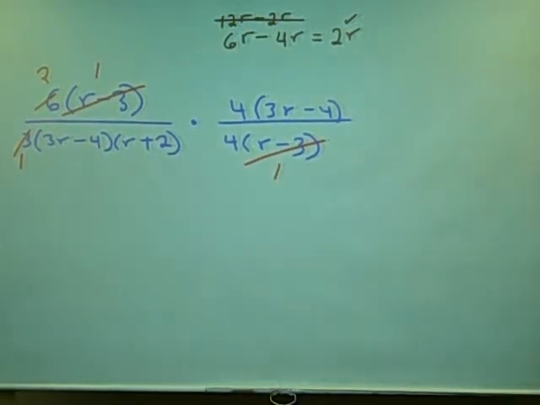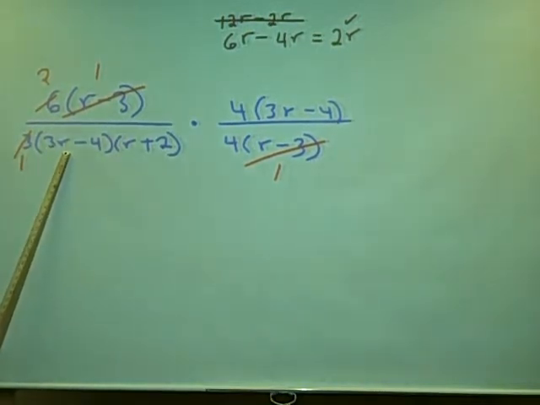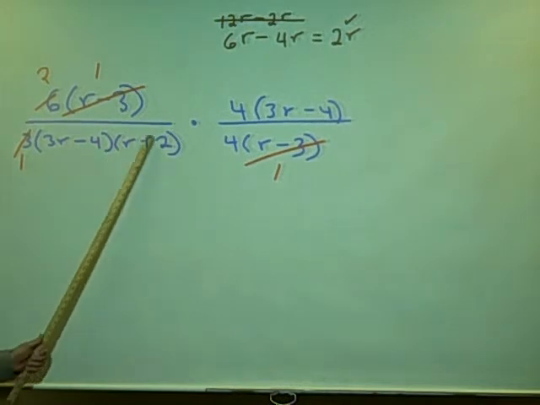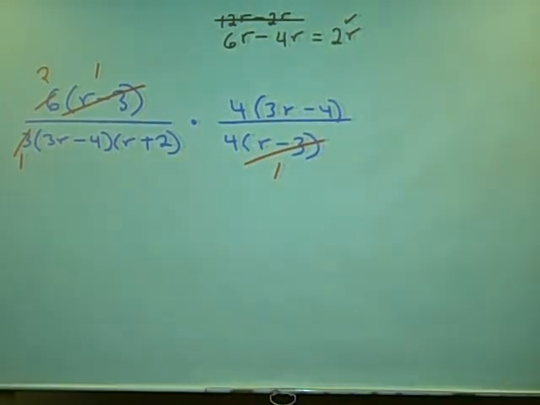Okay, before we continue to go across, let's go down here to the denominator on the left side. 3r minus 4, they can cancel, right? Can a 3r minus 4 cancel with a 3r plus 4? No, they can't. They have to be identical. And is there anything else to cancel? Harley?